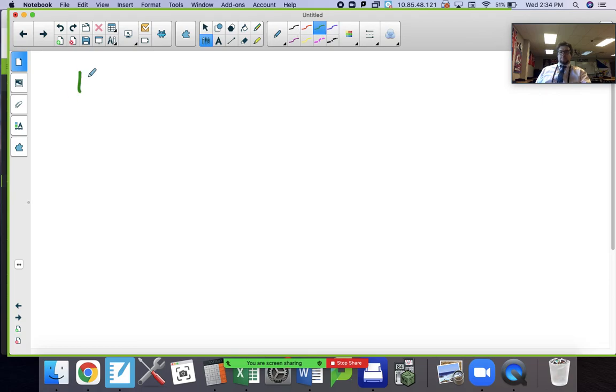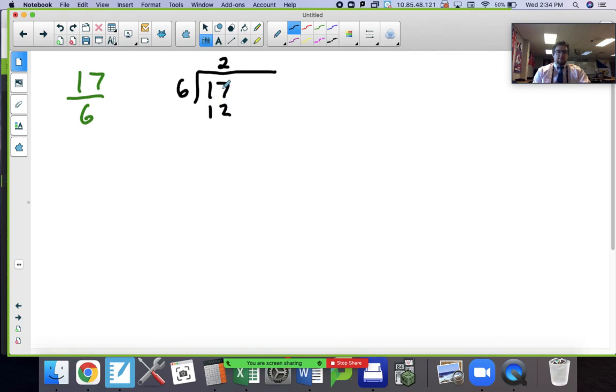Let's do 17 sixths. I could convert this into a mixed number right here, but I can also just put it into the house and let that convert it into my mixed decimal. 6 goes into 17 2 whole times for 12. 17 minus 12 gives me 5.